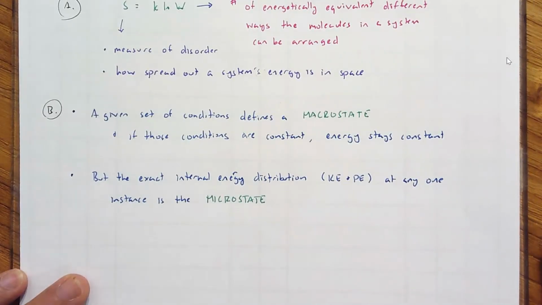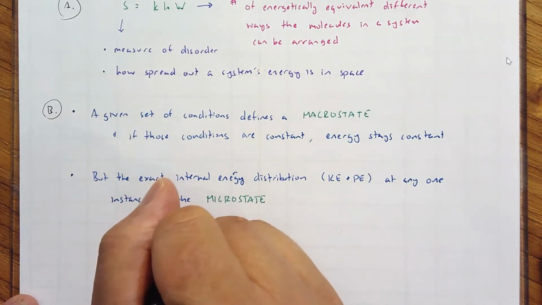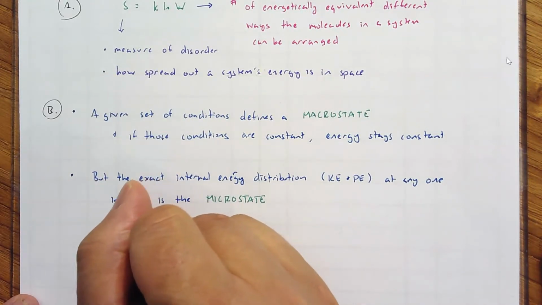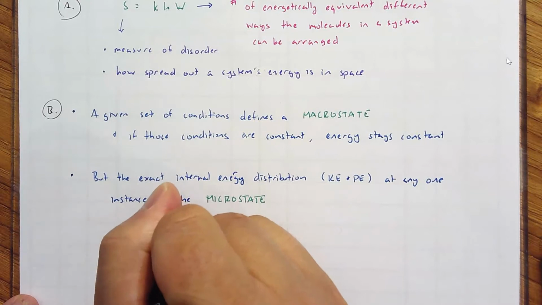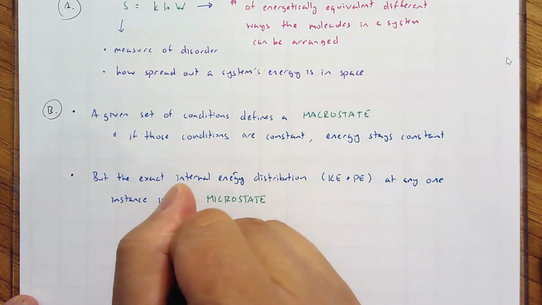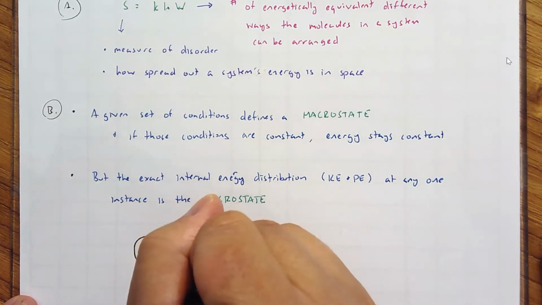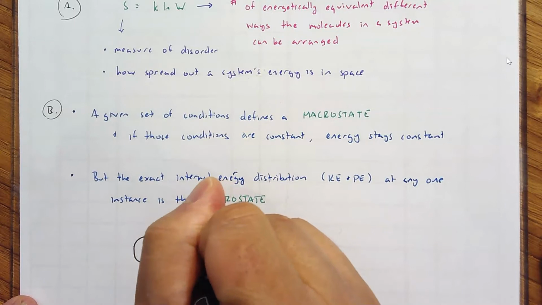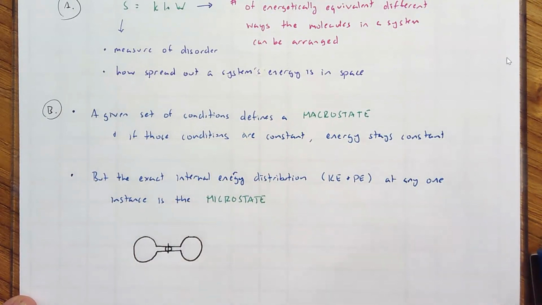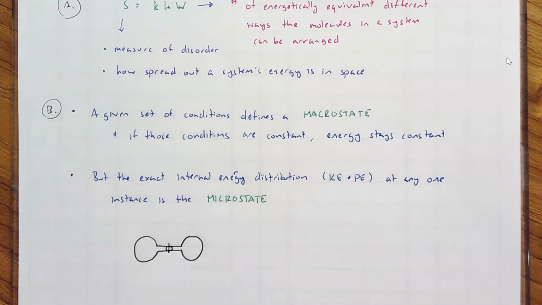Let us have two vessels that are connected by a tube. Right now they're closed off to each other. The valve is shut. This idea of macrostate and microstate can get super complicated the more atoms and molecules you add.